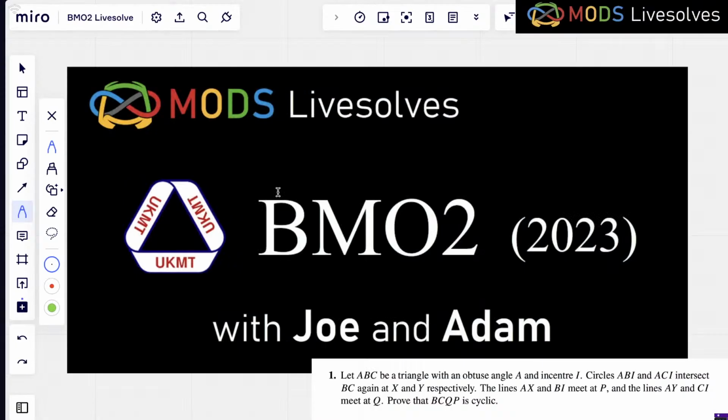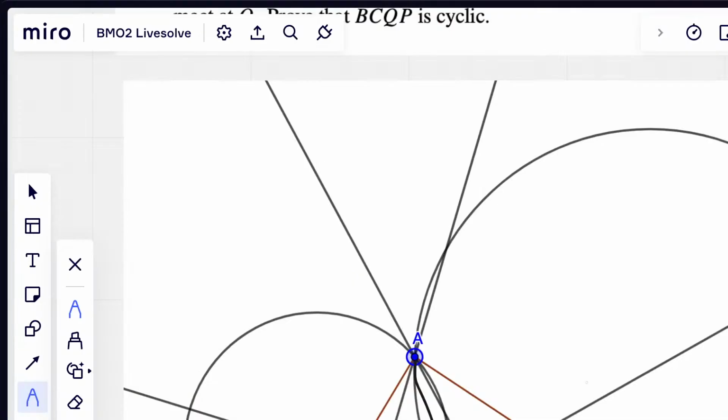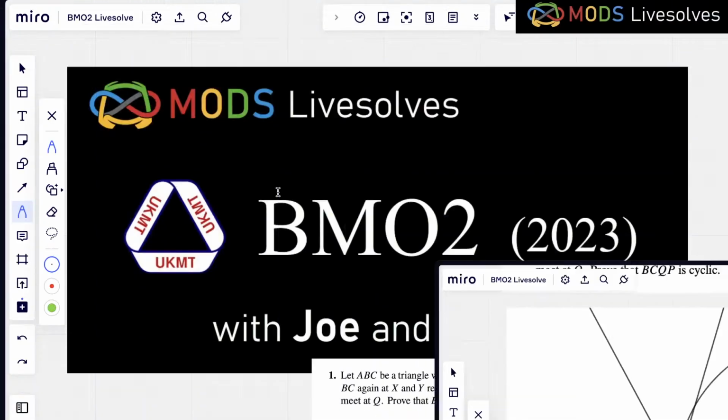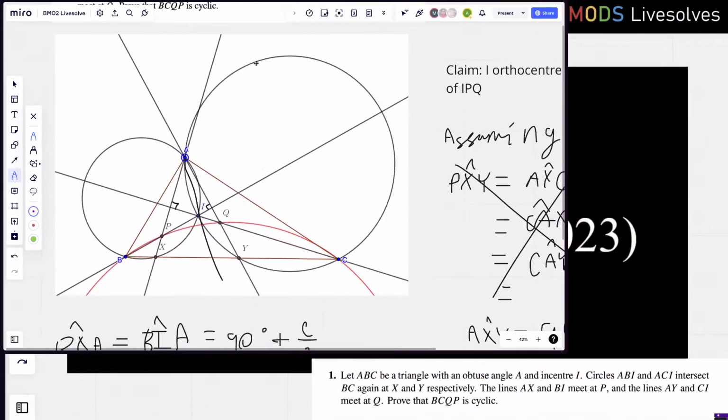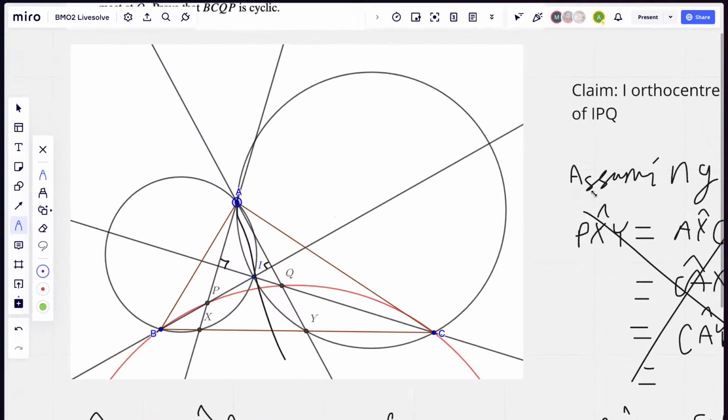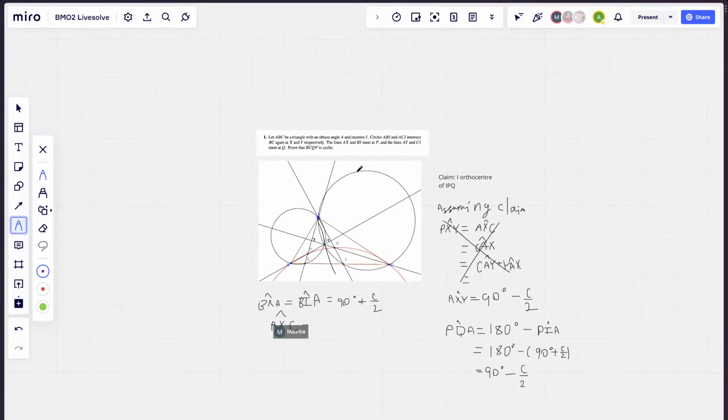Okay, so then AXC is, let me zoom out a sec, 90 minus C over 2.